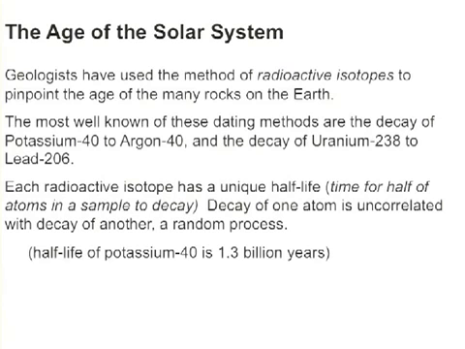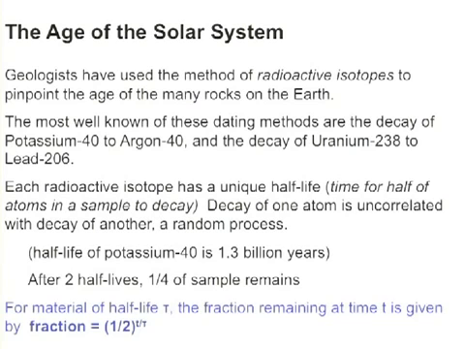The potassium half-life is 1.3 billion years, and after 2 half-lives, it goes to half and a half again, and that makes a quarter of the material remain. We can write that as the fraction of remaining material is (1/2) to the power of time over tau, the half-life. That tells us how much of the material is left.